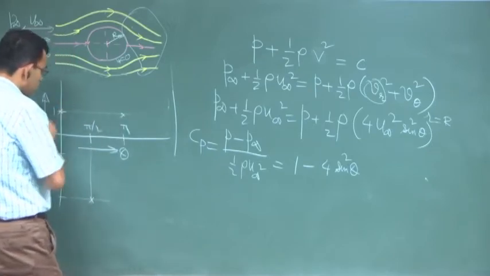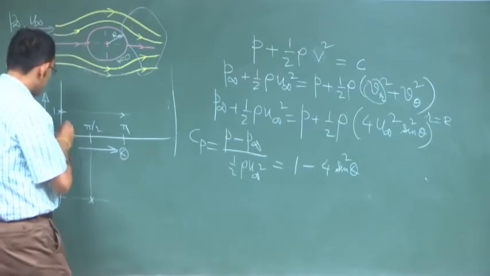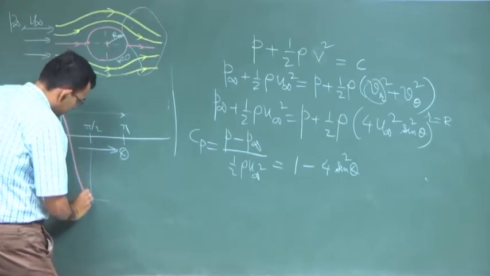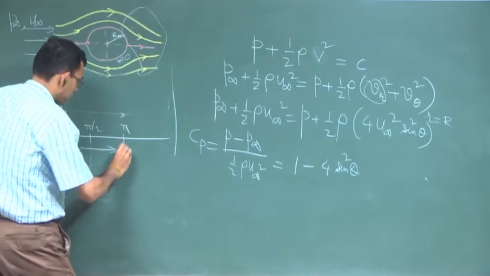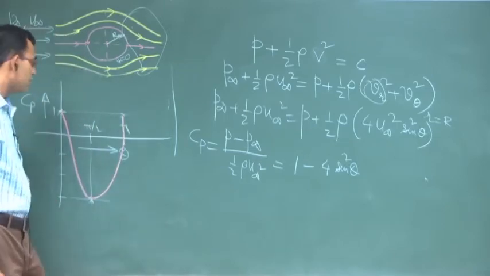Through these 3 points, if we draw a sinusoidal curve, it is something like this.